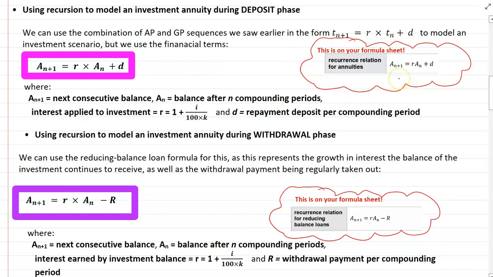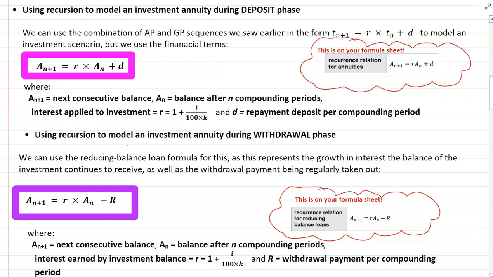This, though, is just for the deposit phase. And you'll see the familiar A(n+1), so our next consecutive balance, is equal to R, which is our interest that's being applied, multiplied by the current balance. And instead of minusing, we add on this regular repayment, represented by plus D.